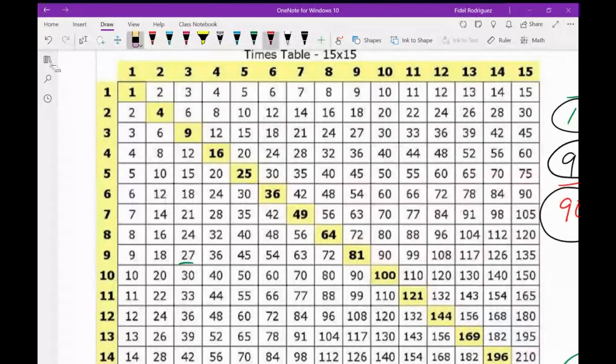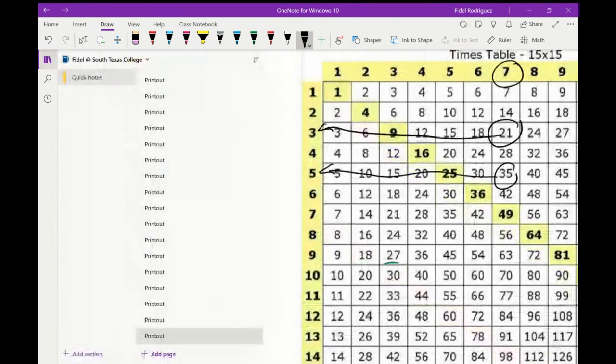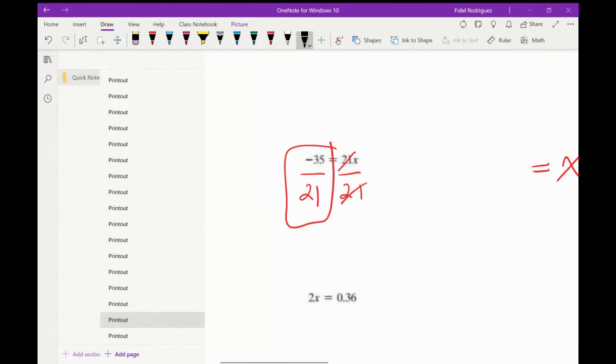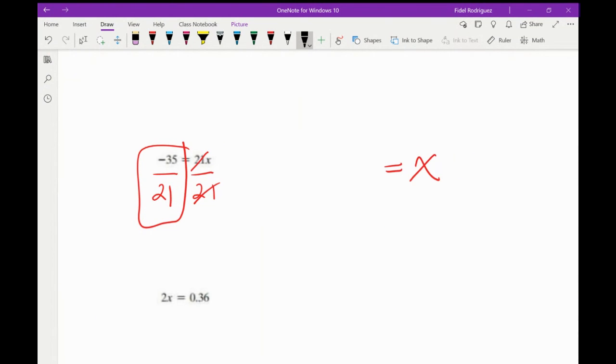We're looking at 21 and 35. Here's 21, here's 35. That means they can both be divided by 7. So 7 goes into 21 3 times, and 7 goes into 35 5 times, right? So we can divide them both by 7. Because we had a negative here, we're going to keep our answer negative.